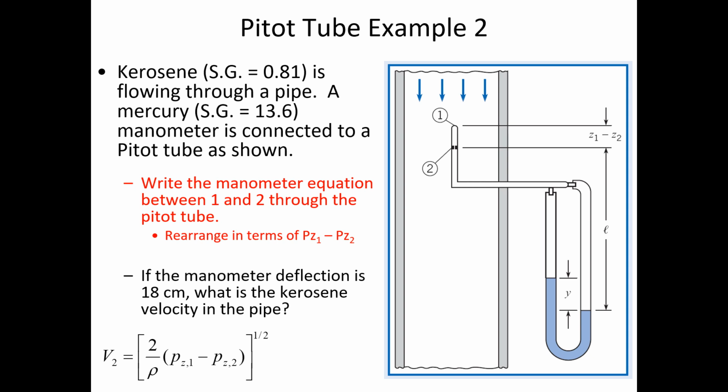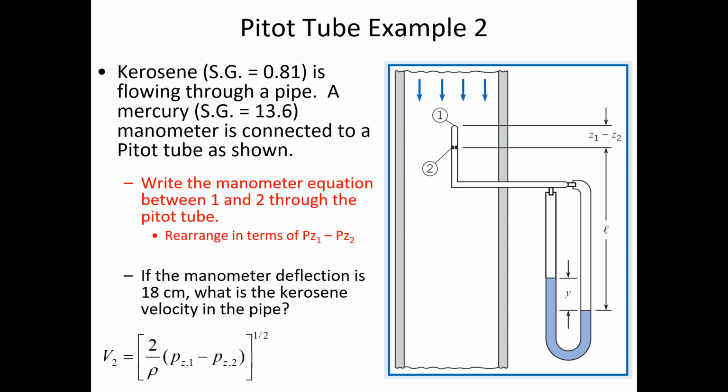That's what the pressure is inside the pitot tube where conditions are static at location 2. It was whatever the pressure was at 1 plus the difference. Going down is why we gave it a plus. Gamma is the rate of change, and delta Z, Z1 minus Z2, is how much vertical we went down.